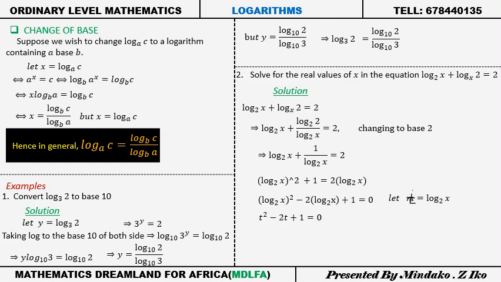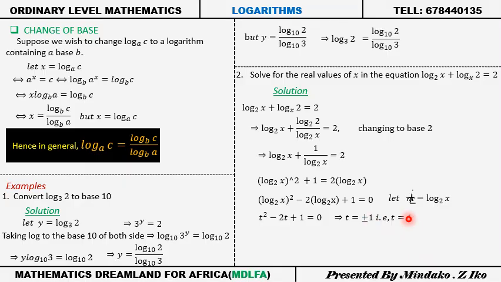Let t be equal to log of x to the base 2, so anywhere I see log of x to the base 2, I will replace it with t. That is why I have t squared minus 2t plus 1 equal to 0, and by factorizing we obtain the values. I'm going to use the factorization method, but you can still use the formula method. By factorization, t will be equal to plus or minus 1.